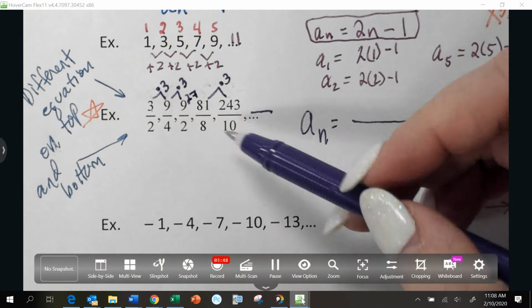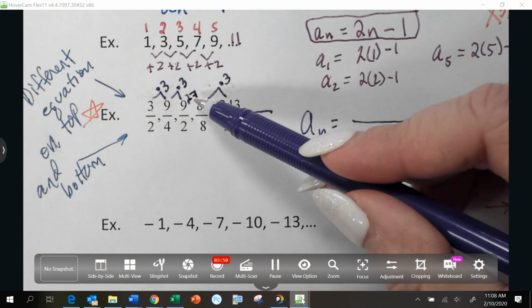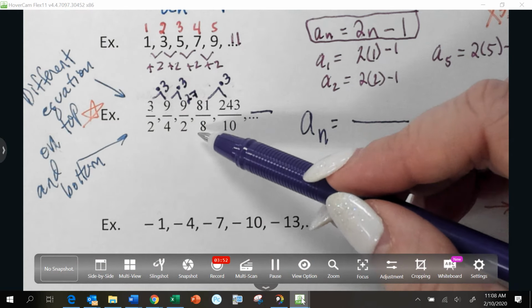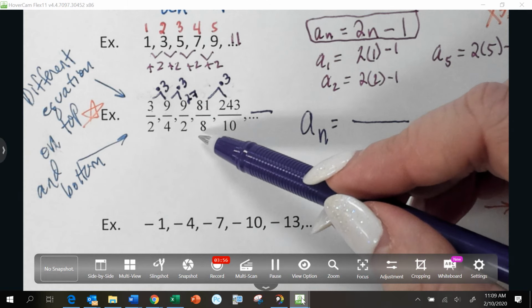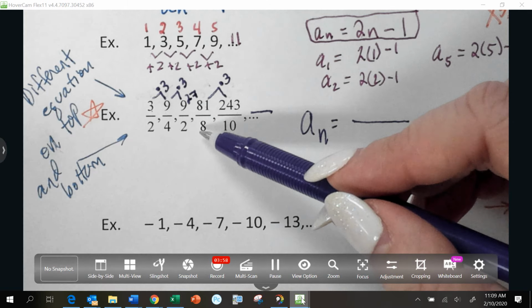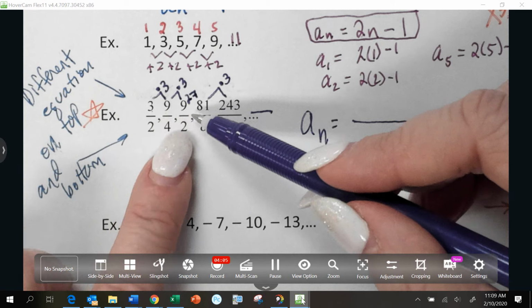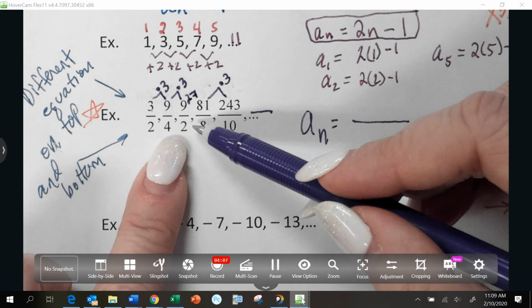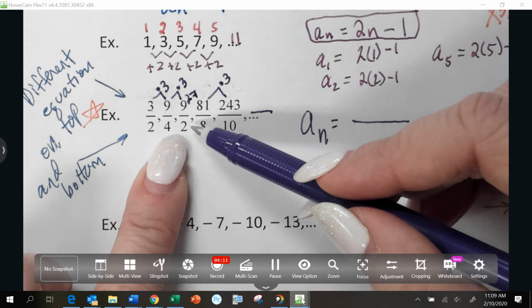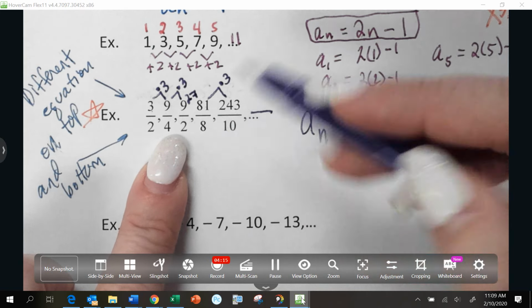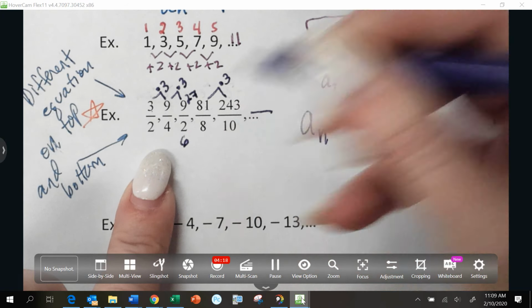Is it possible that it was a 27 and it got reduced? Is that possible with fractions? If this was a 27 and it got reduced, what did it get reduced by? 3. That means the bottom would have also been reduced by the same number, so the bottom number would actually be a 6.